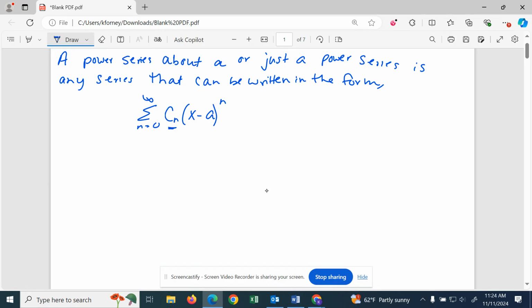What I'm saying is if the absolute value of x minus a is less than r, that is the same as having x between a minus r and a plus r, and the power series converges.